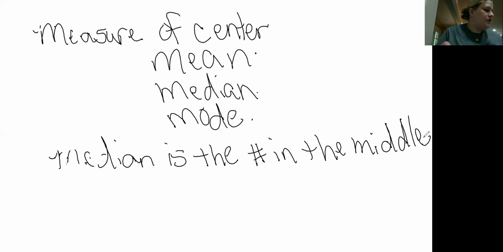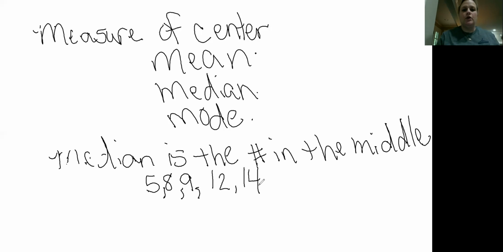So if you look at the numbers on page 404, under the definition of median, you have the numbers 5, 8, 9, 12, 14. So literally, the number in the middle is 9, because you have 5 and 14 on this end, 8 and 12 match up, 9 is in the middle.